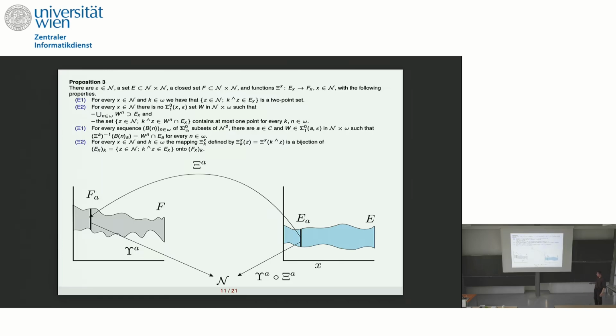Here I also show the mapping which assigns to elements from N the corresponding jump of the type alpha, and the idea is that we will construct this mapping or this family of mappings in such a way that this composition will be continuous, and so it enables us to get the property E1.